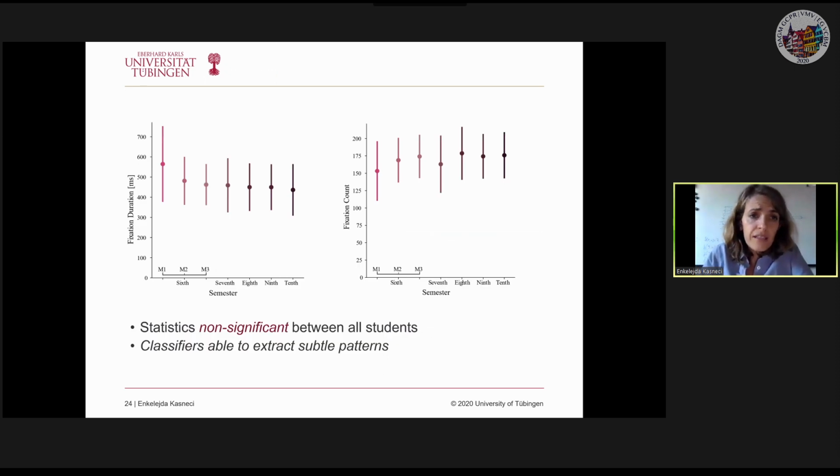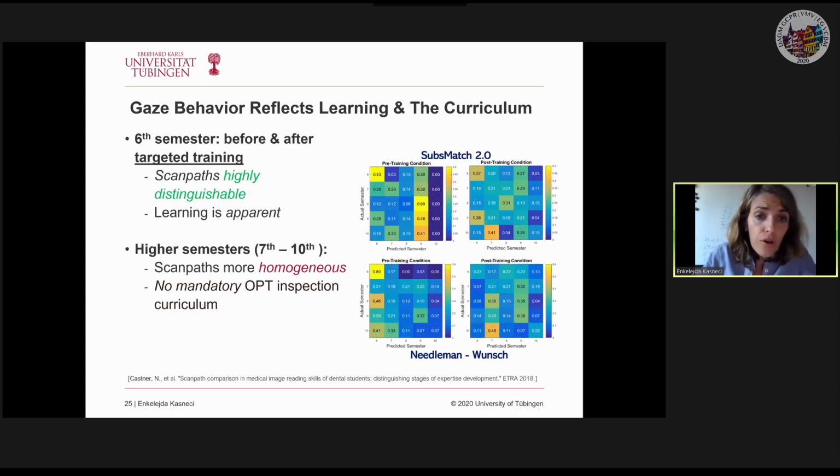If you look at those data the way people still use to analyze them, namely by computing aggregated scores like fixation duration or fixation counts, you will find no significant differences between all students. But even when applying a string comparison method like SubsMatch, finding sub-patterns, or a global alignment procedure like Needleman-Wunsch, you will see that scan paths are highly distinguishable.